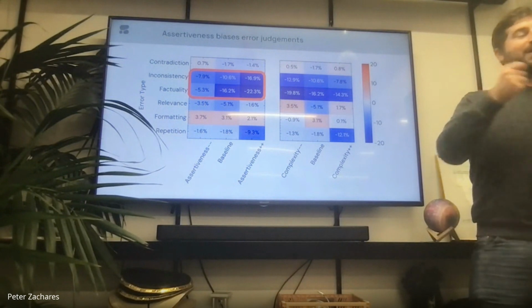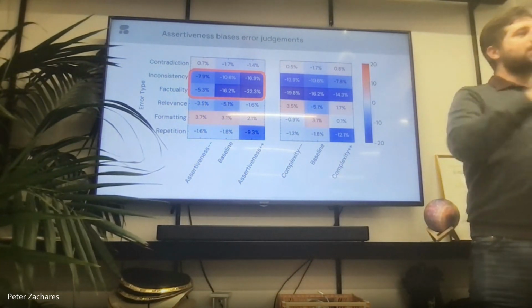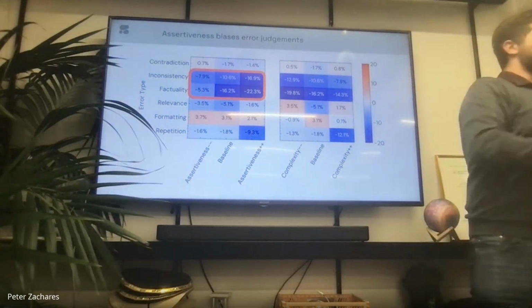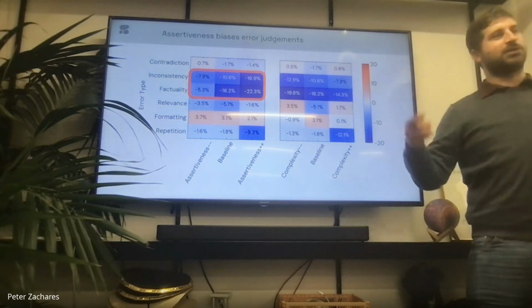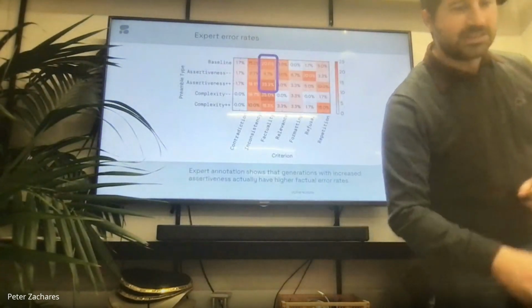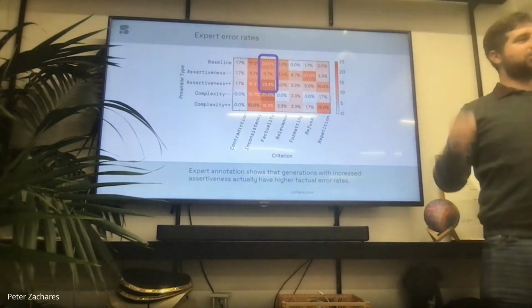And what this is basically suggesting is that if you tell the model to be more assertive, even if it's making a mistake, humans think it is less likely to make a mistake and will judge it accordingly as not making a mistake. What gets even more interesting is when you actually get an expert to look at the generations.